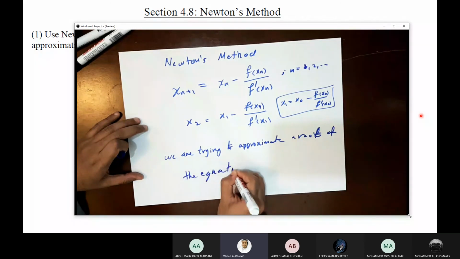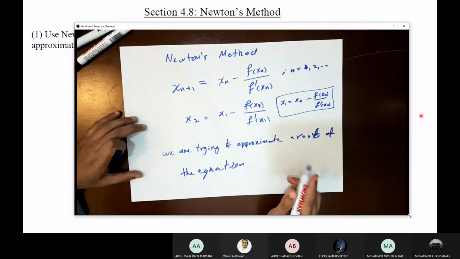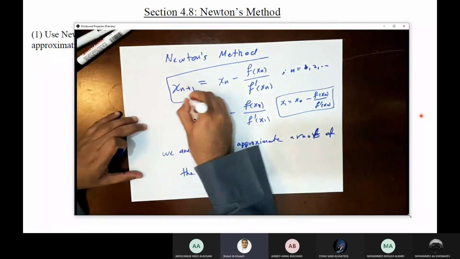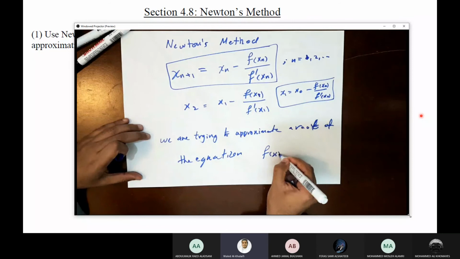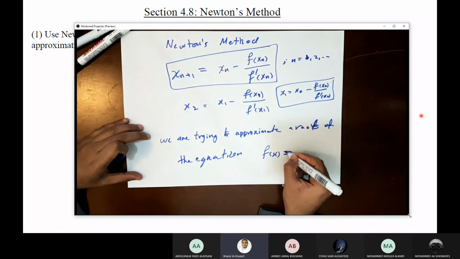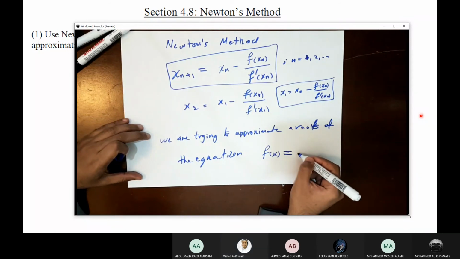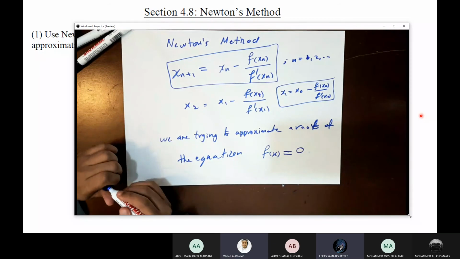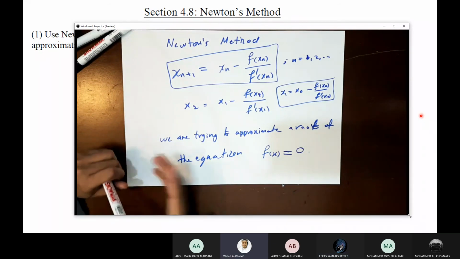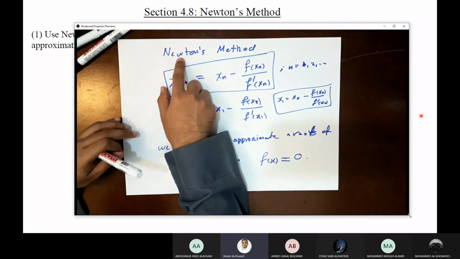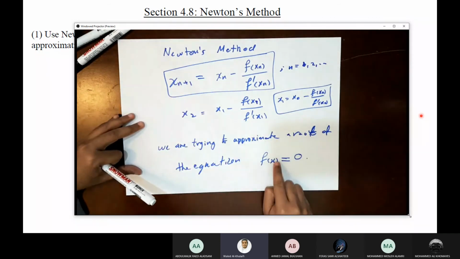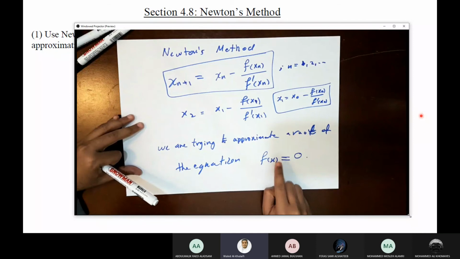What is the equation that we're trying to solve? f of x equals zero. So this is the main equation, and Newton's method tries to find, or approximate, a root of this equation.